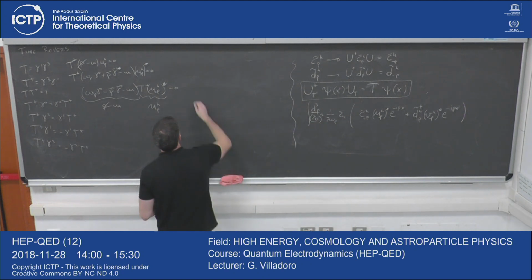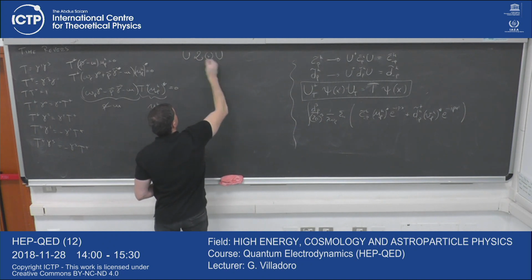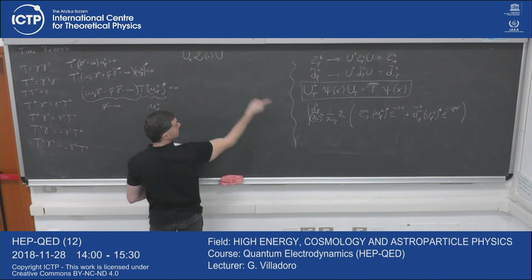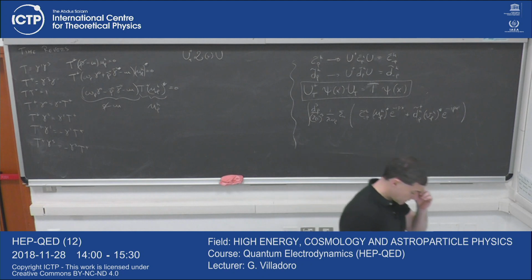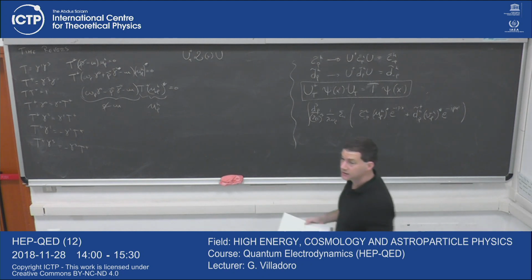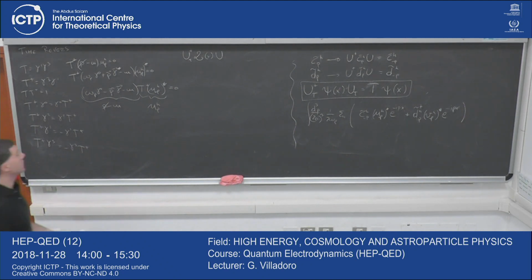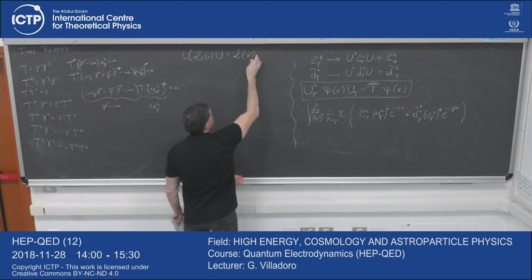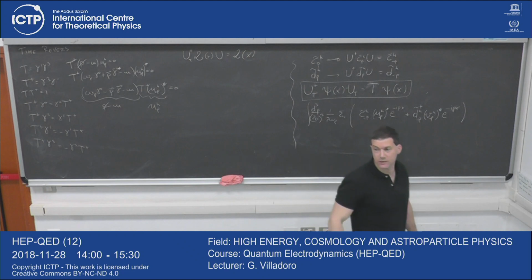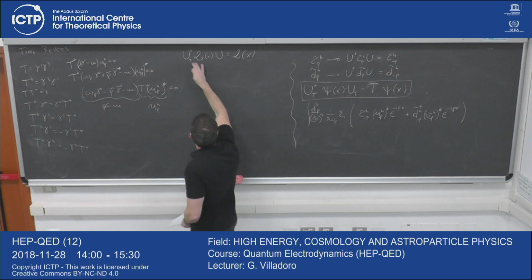So let me check that basically U Lagrangian, as an operator, transforms as a scalar. I want to prove that this is equal to L of x prime, where x prime is only t inverted. If this is the case, the action will be invariant at the level of operators.